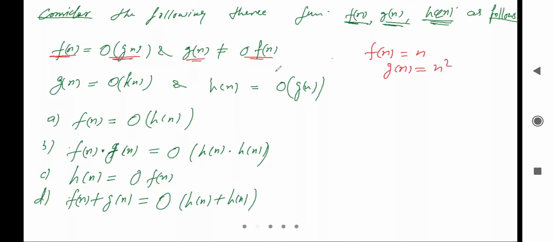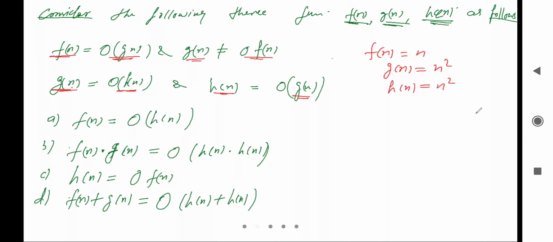After that, g of n equals order of h of n and h of n equals order of g of n, means they are equal. So we can say h of n is also equal to n square.